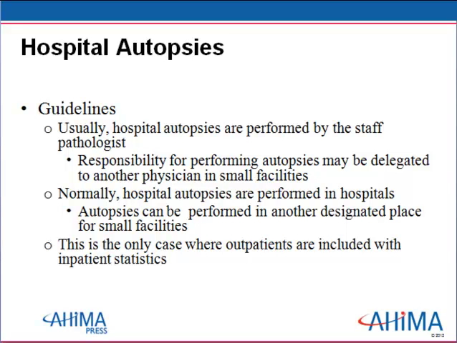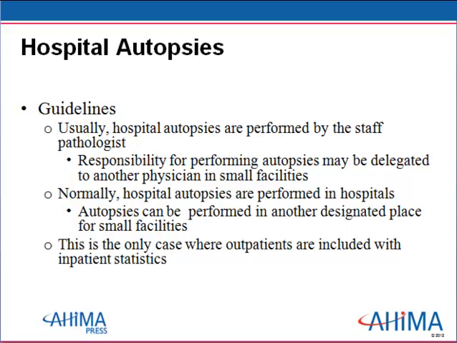Normally, hospital autopsies are performed in hospitals. Again, those small hospitals may not have the facilities that they need to perform autopsies. In that case, they can be performed at another location, such as a funeral home.